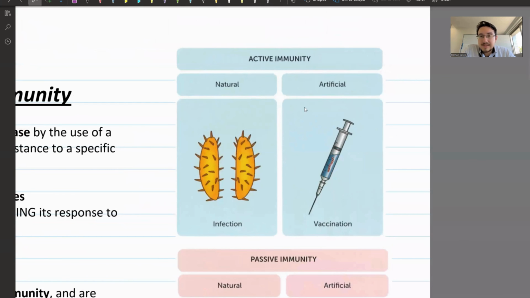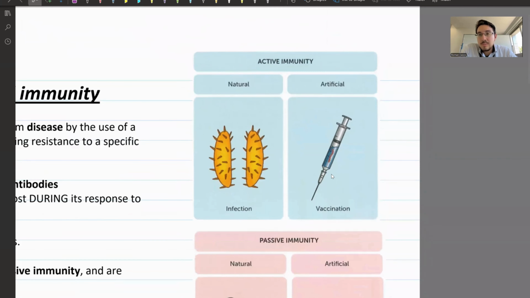And this is active immunity. You have your natural own immunity: you get fully infected, and your body will produce the antibodies. Or you can get a vaccination. This is referred to as artificial, where you jumpstart the immune system by having a weak version of the virus or pathogen.